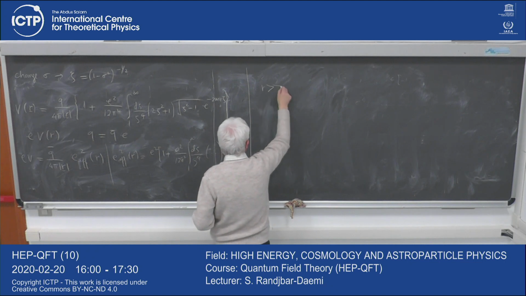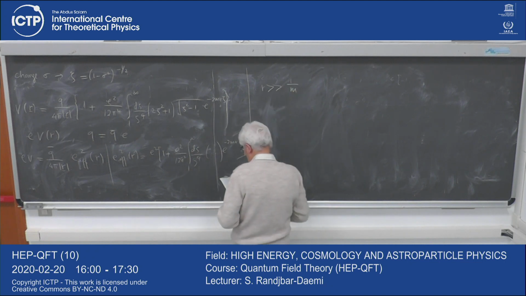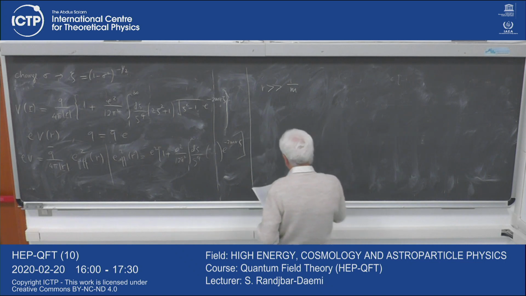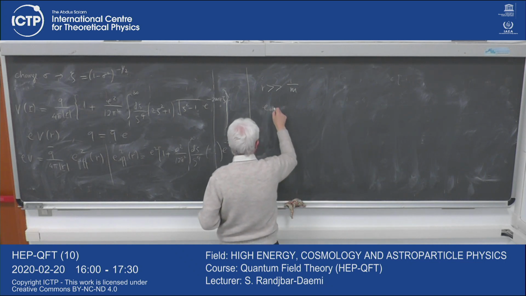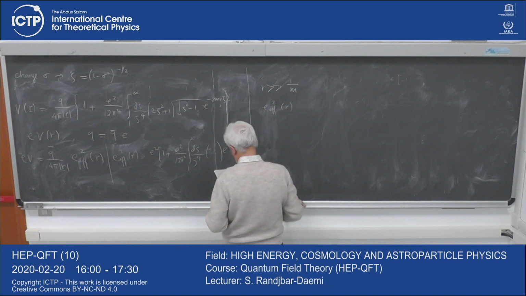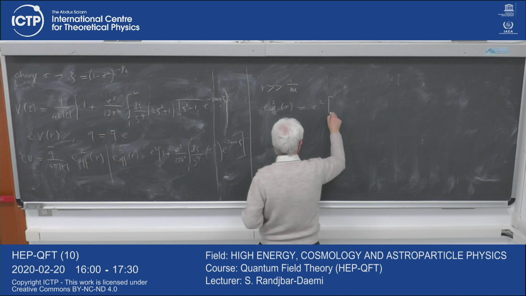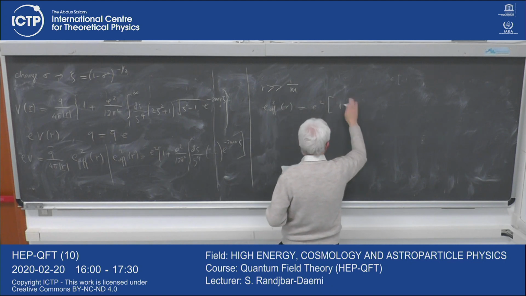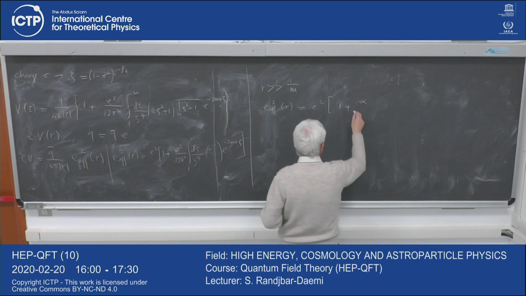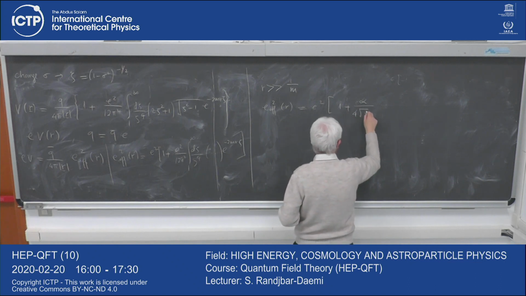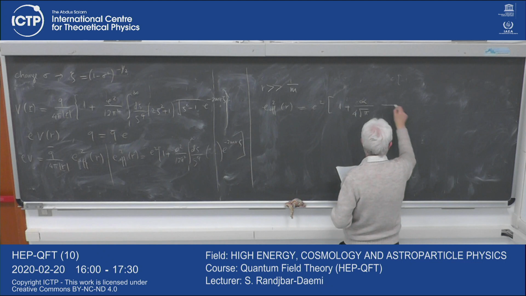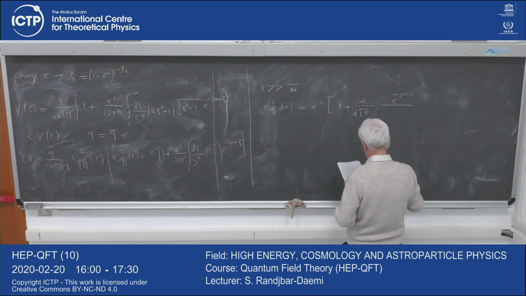One is R much bigger than 1 over m. And the exercise is for you to show that in that limit you can approximate the effective charge by 1 plus alpha divided by 4 square root of pi times exponential of minus 2 mr over mr to the power 3/2.